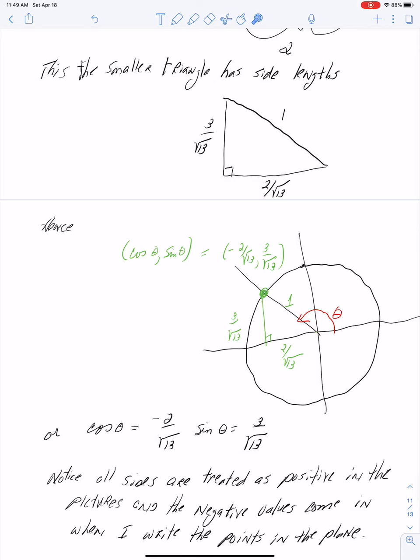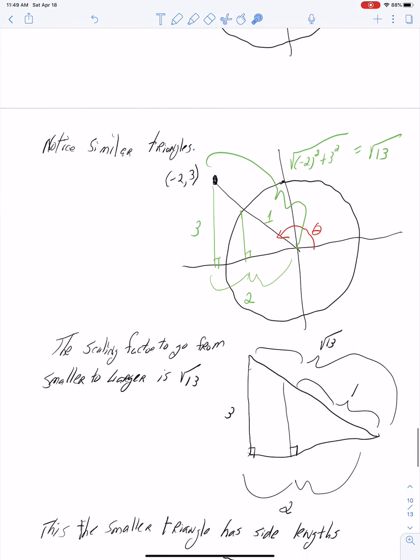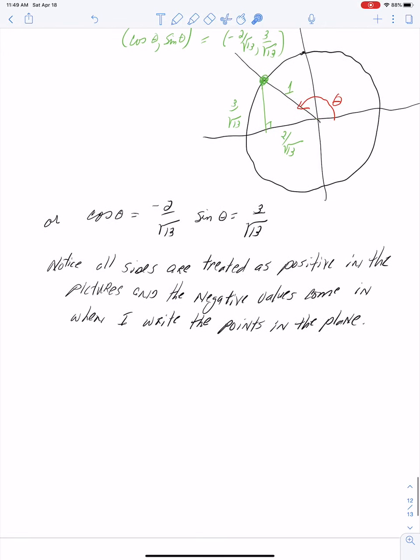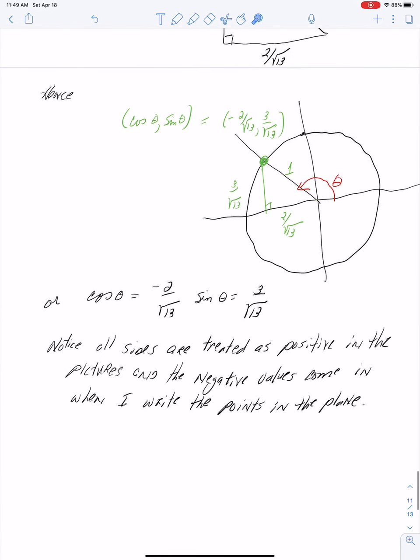That tells me cosine theta is minus 2 over the square root of 13. Sine theta is 3 over the square root of 13. And that is starting with just telling you where the terminal sides are. Finally, I want you to note that all sides in all triangles I will write are treated as what? Positive.